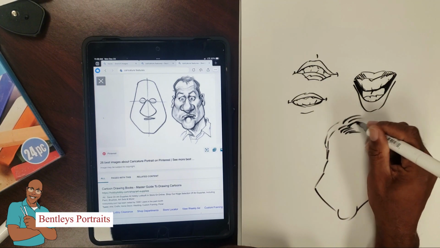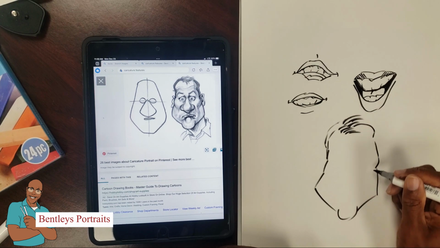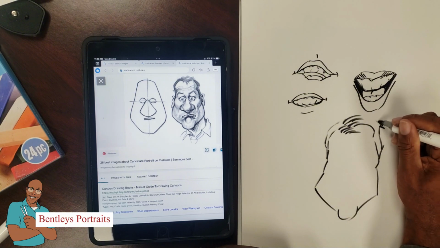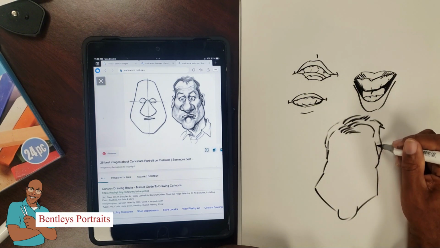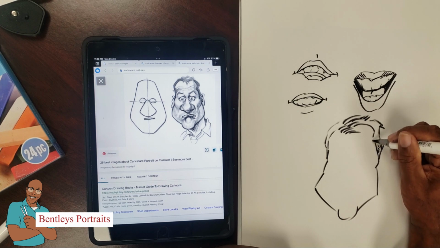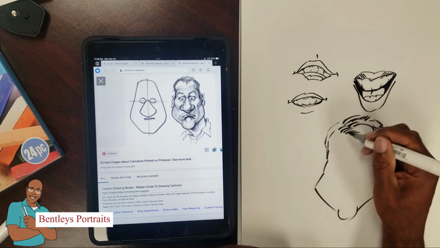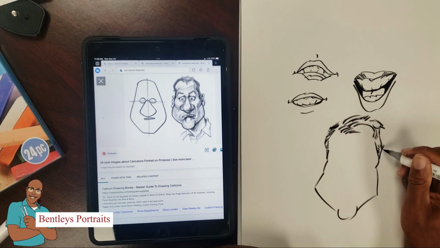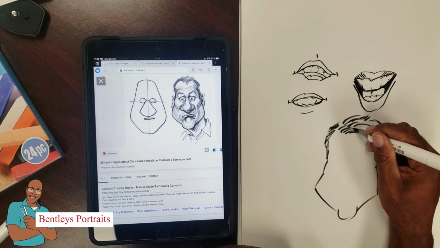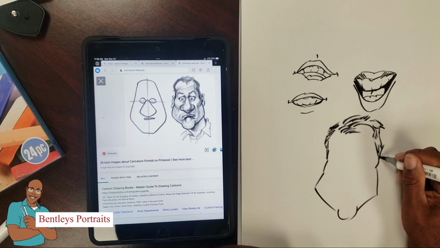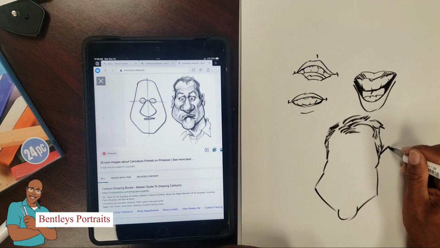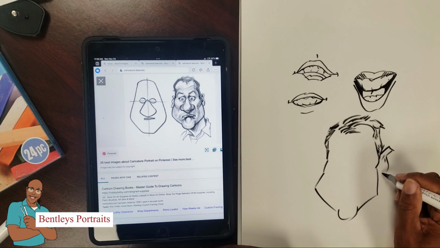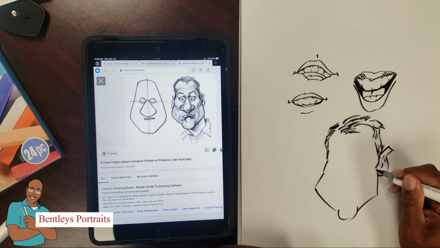But what I'm doing here, just quickly, loosely drawing what I see. This is in a bit of a sketch fashion, but if you're out doing a portrait live, you wouldn't sketch as much.